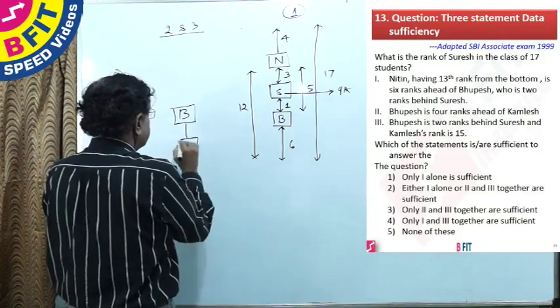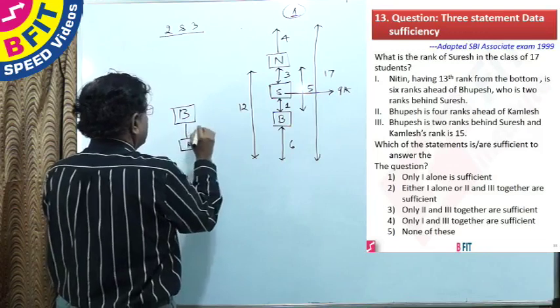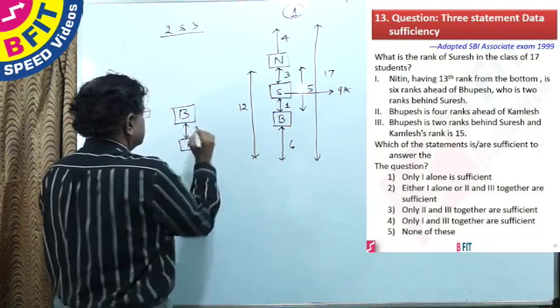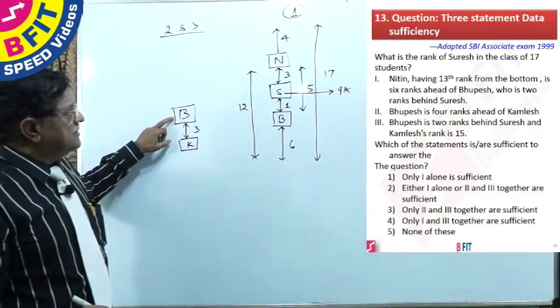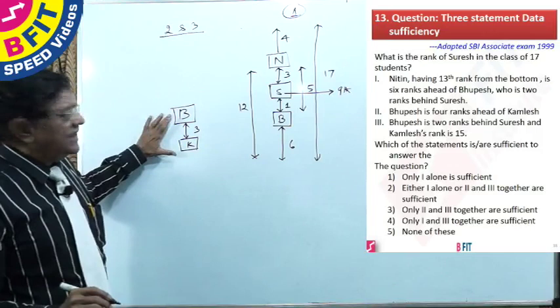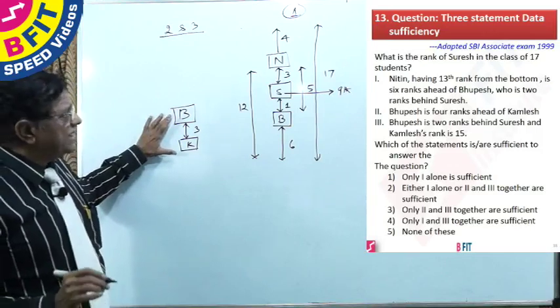So here is Kamalesh, and in between there are 3 persons. That is why Bhupesh is 4 ranks ahead. That is all contained in the data in statement 2.